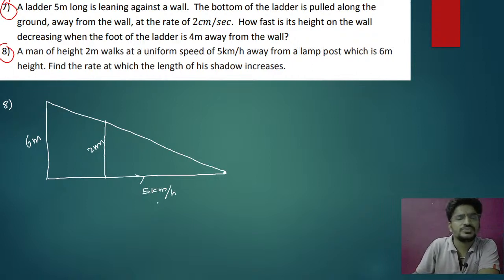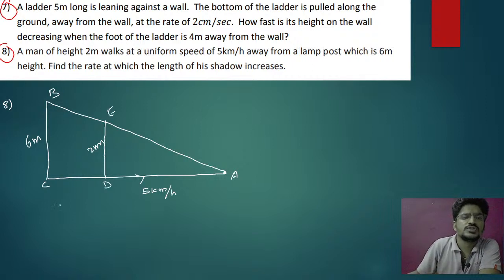So now I will take this as A, B, C, D, E. From the diagram you can see that triangle ABC is similar to triangle ADE.